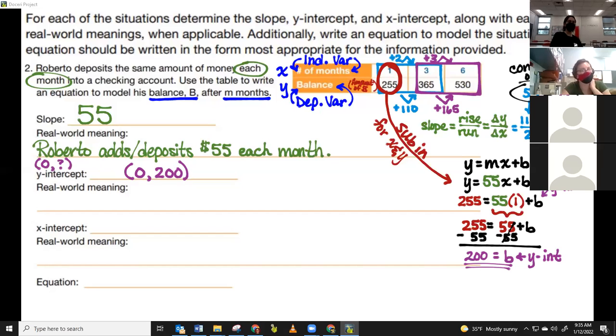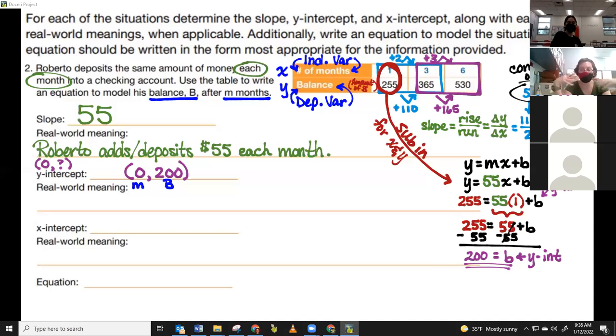What did we say? The thing in the X spot should be what? My independent variable is months. Yes. So this is M for months, which means 200 is what? $200 is the balance, B.